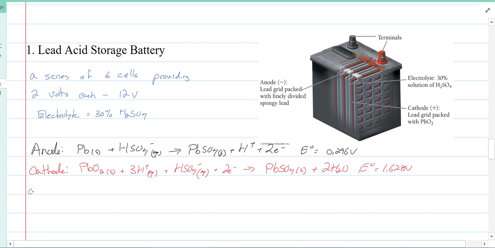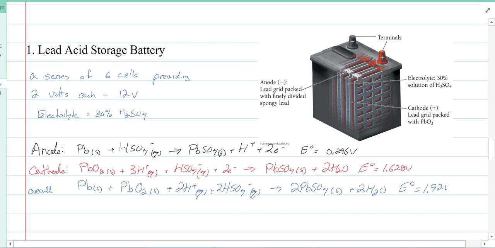So overall, we have lead plus lead 4 oxide going to lead 2 sulfate and 2 waters. The standard reduction potential is 1.924 volts.